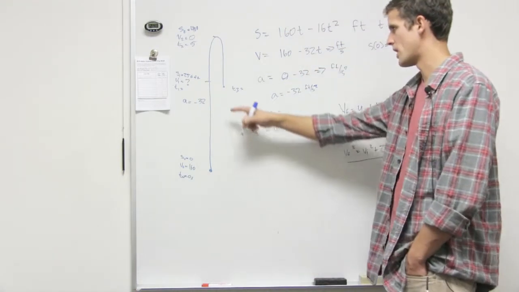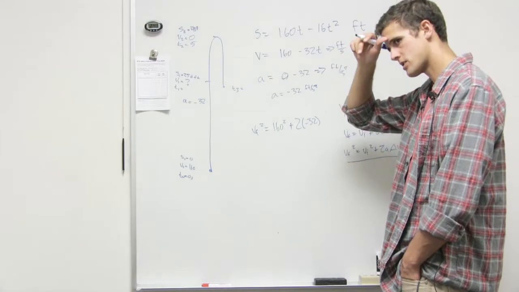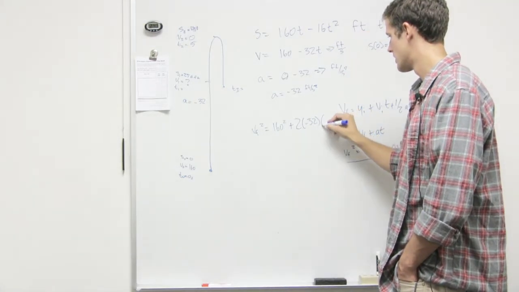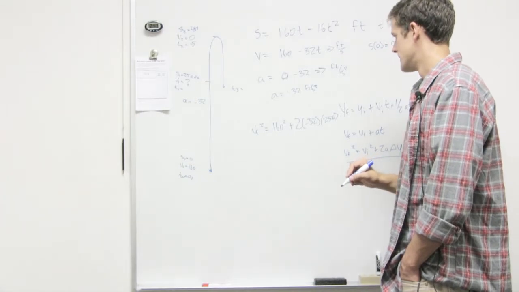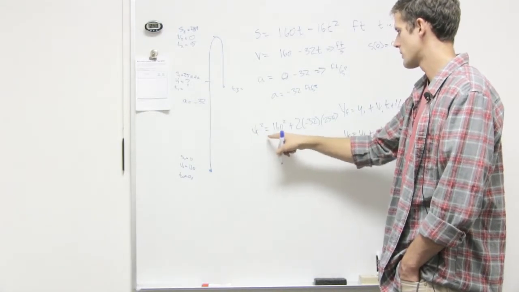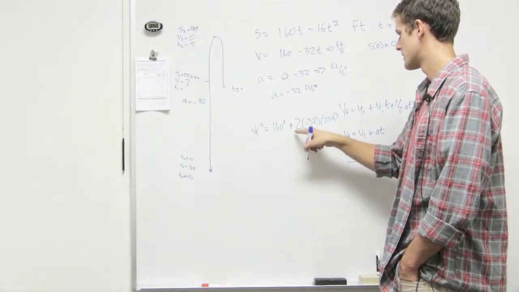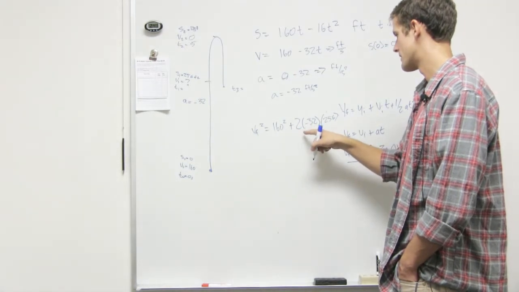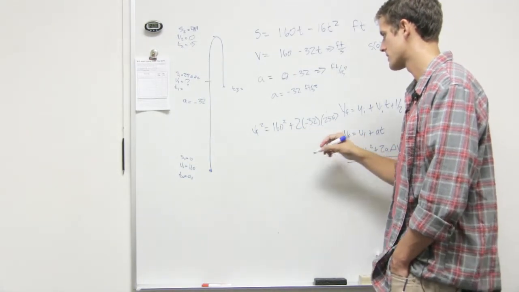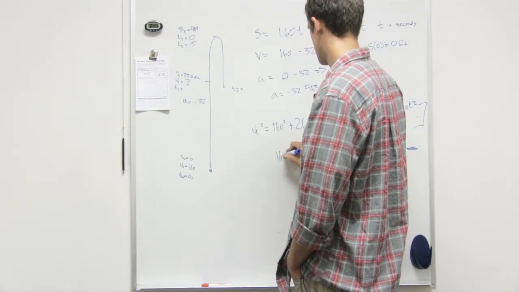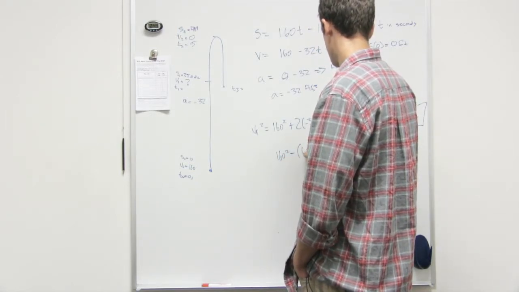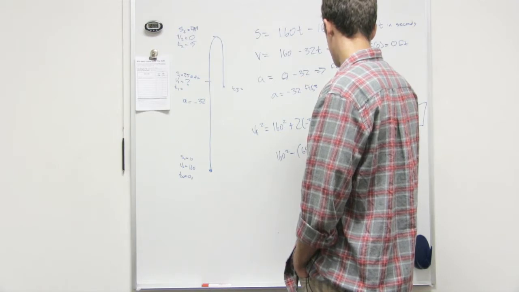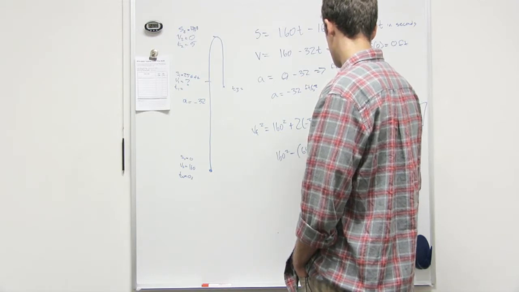And what's our change in y if we're trying to find it at 256? 256. Okay. So that squared will be 160 squared plus, well, it'll actually be minus 64 times 256. So 160 squared minus 64 times 256.